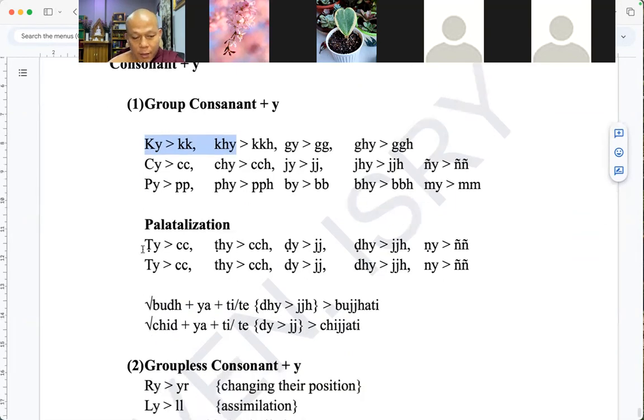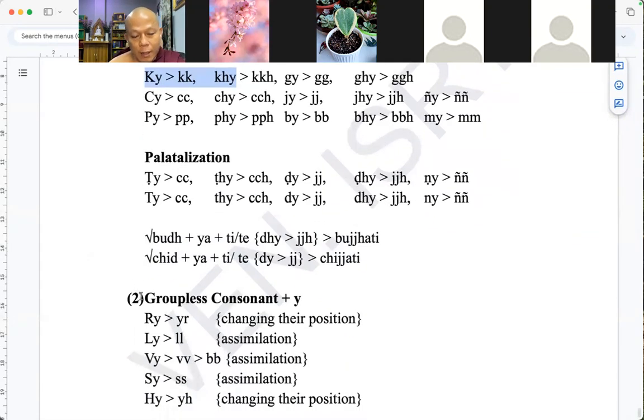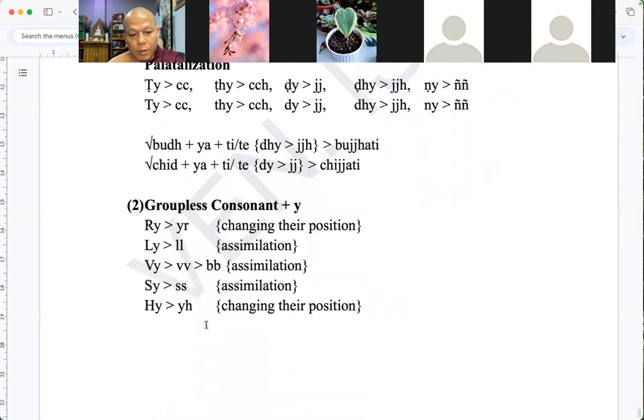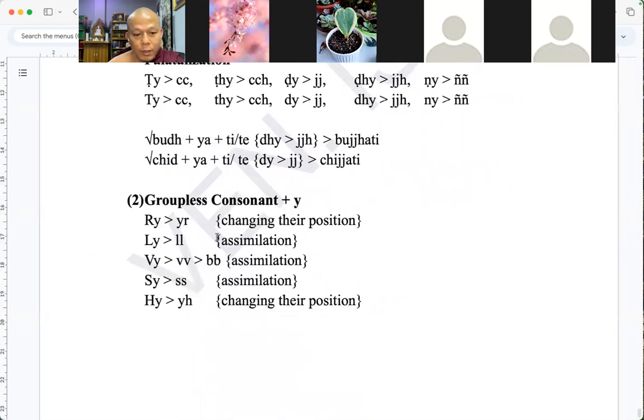Next group is palatalization, daya to jaja. The second group is assimilation. All of them are assimilation, but raya to yara changes position, and haya to yaha also changes position.